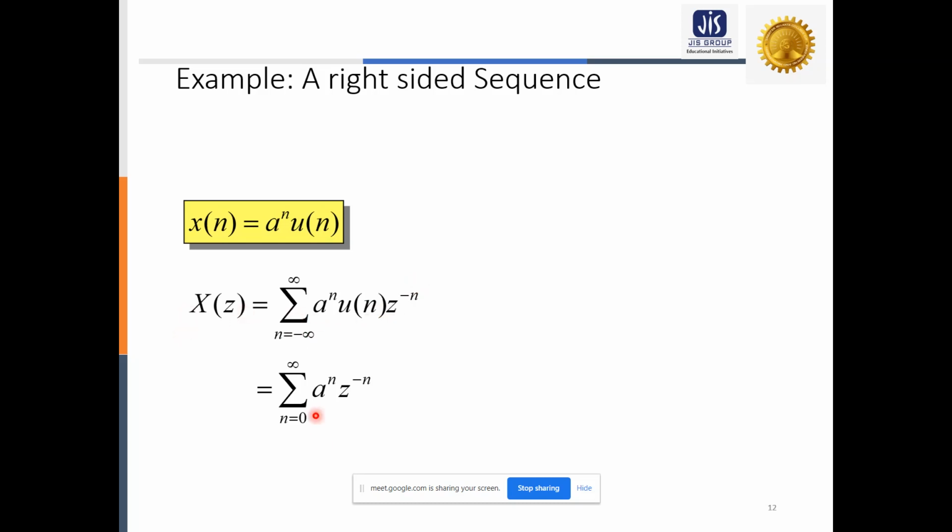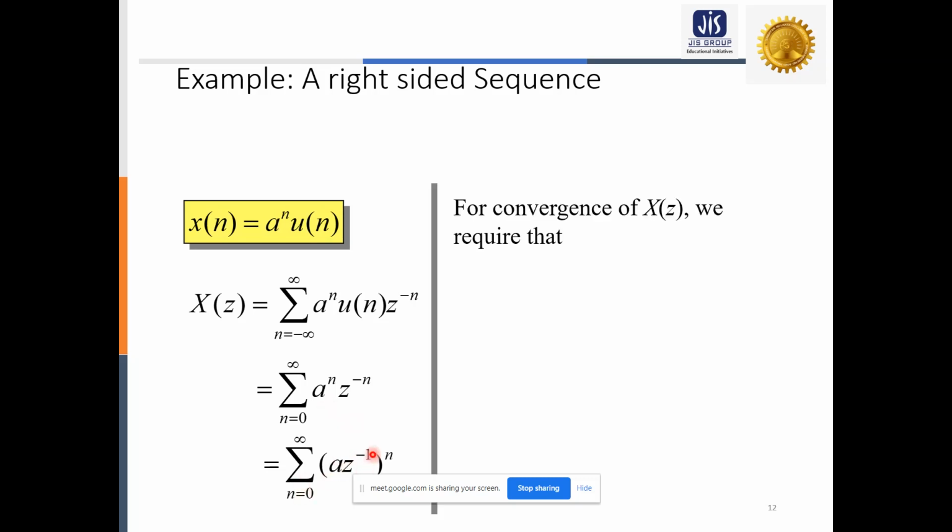The limit was minus infinity to infinity, but as u[n] is multiplied, what will be the limit now? It will be from 0 to infinity, since it is a right-handed sequence. Now it will be simplified as a^n z^(-n), or simply you can write (a z^(-1))^n.